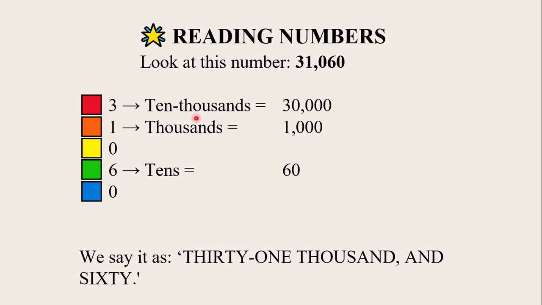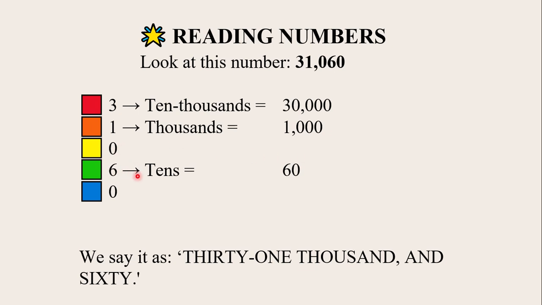Remember, the 10,000 is 4 zeros: 1, 2, 3, 4, and that of the 1,000 is 3 zeros: 1, 2, 3. And if you check this level, which is yellow, that is supposed to be 100, I didn't put anything there because 0 is nothing. It's just a place value. However, it is equally important. We have to include it. We cannot remove it. Only that we're not going to write anything there.